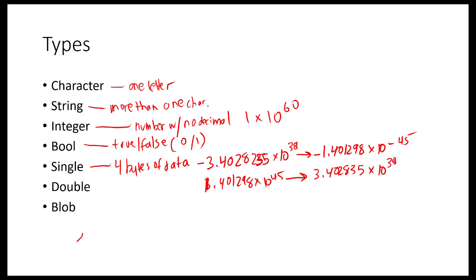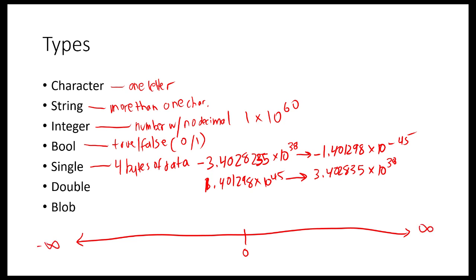Now, if we make a number line, and here is 0, and here is infinity, and here is negative infinity, so this is a very big number. So 3.4 is basically 3 with like 38 zeros behind it.